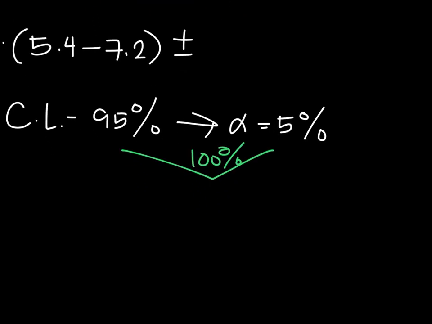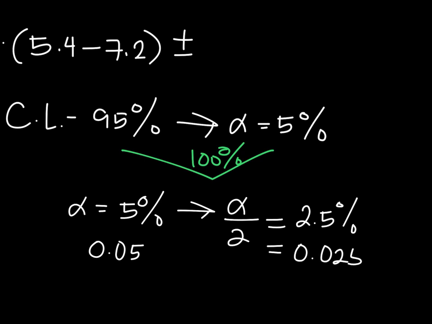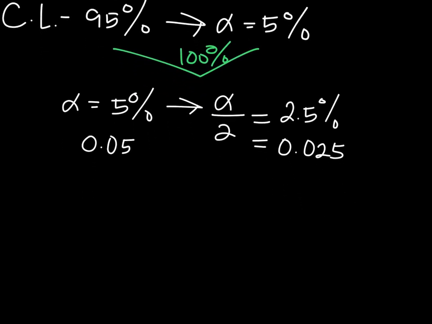So if alpha is 5%, and since what we need is a z of alpha over 2, then we have to identify our alpha over 2, which is basically half of 5%, 2.5%. Or if you have written this as 0.05, this is simply 0.025. So in the formula, you need a z of alpha over 2 or z of 0.025.